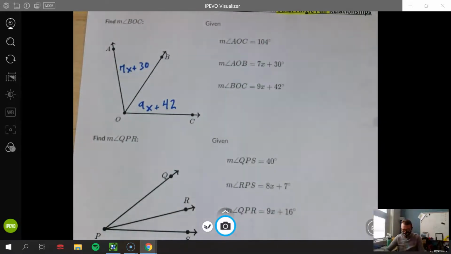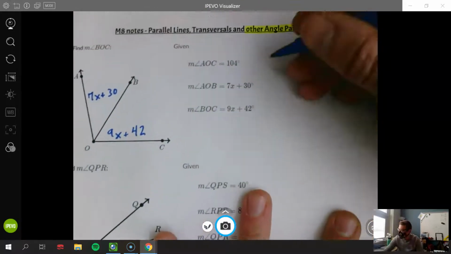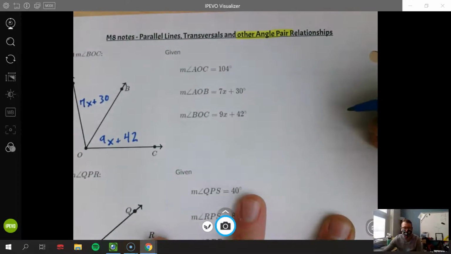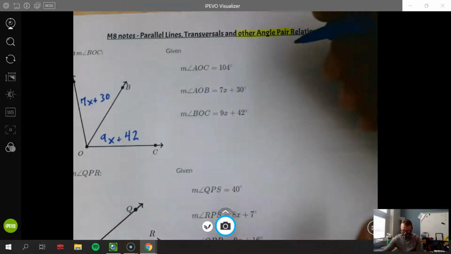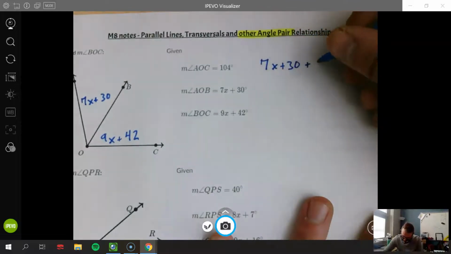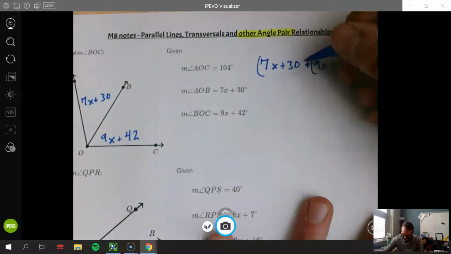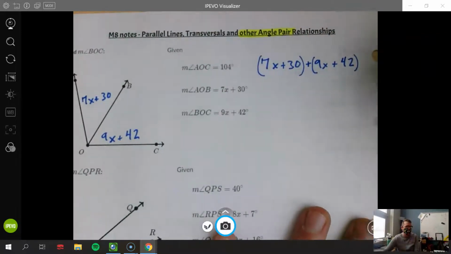Aha! So if we add up these angles, over here in the beautiful space I left for us to do work, I know it's not graph paper and that breaks my heart, 7x plus 30 plus 9x plus 42, and if you wanted to, we could put these in parentheses to show these were our two different angles, but we really don't need to, equals what? 104.